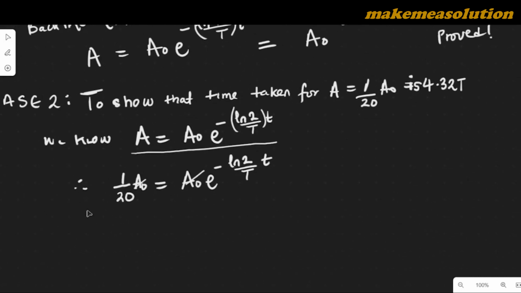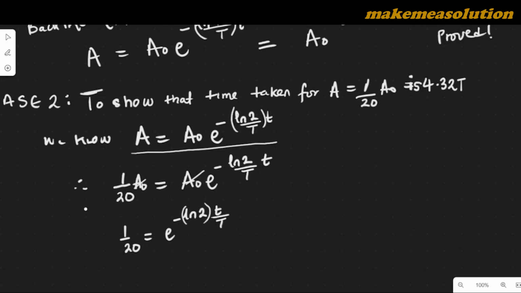So when A naught cancels out A naught, we're now going to take the reciprocal of both sides. First of all, we have 1/20 is equal to exponential negative ln 2 then t outside over T, like this.